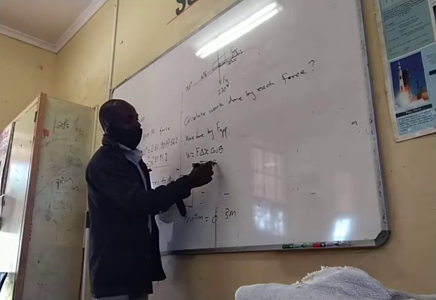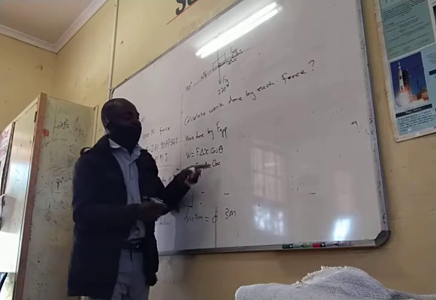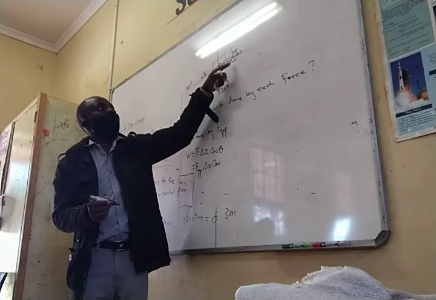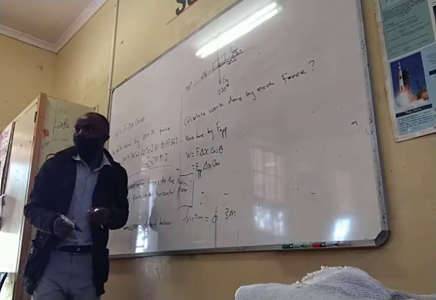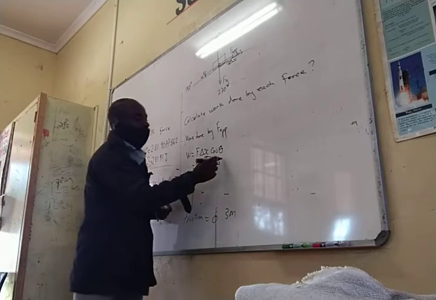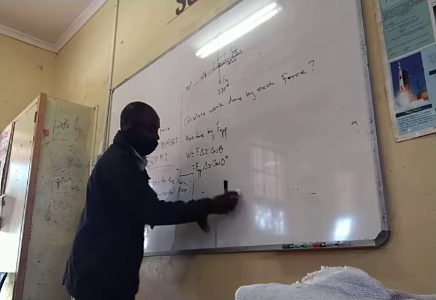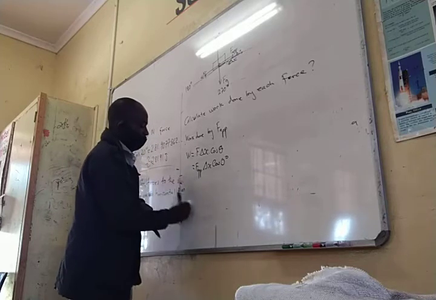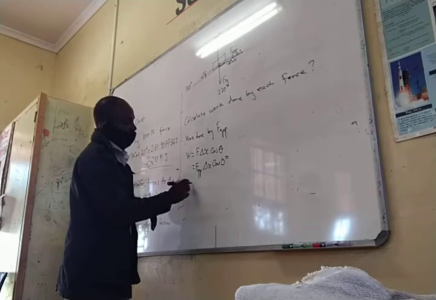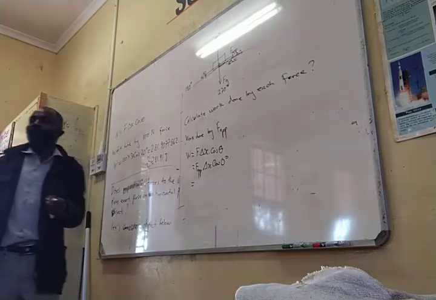So now you have cos theta. How much is theta in this case? The angle between the applied force and delta x is 0 degrees. Press your calculator: cos of 0 is 1.